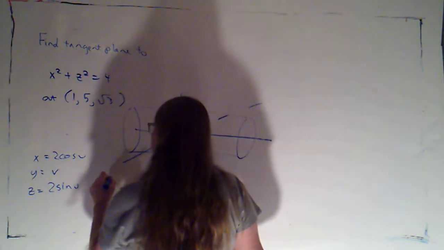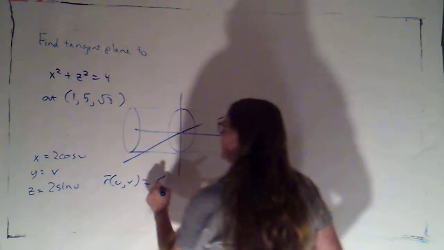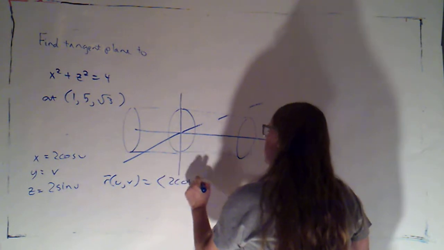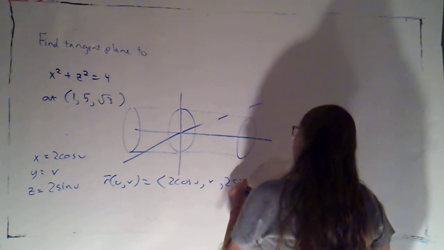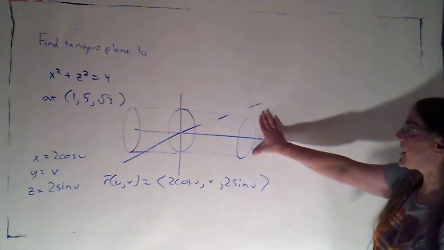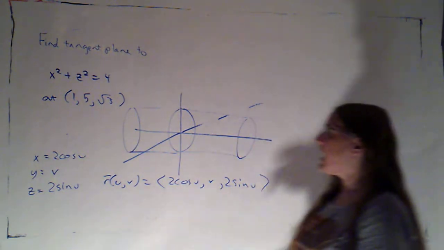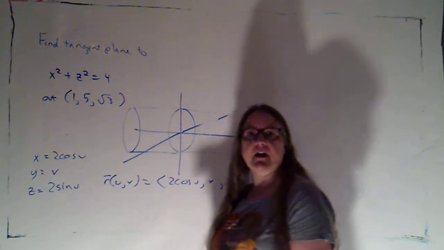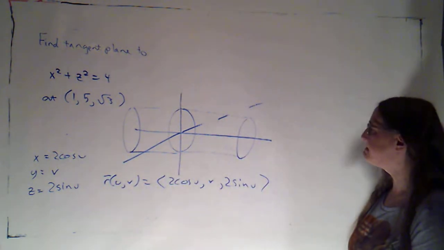So my parametrization is r of (u, v) equal to (2 cosine u, v, 2 sine u). And if I wanted to restrict this so that I just got this once, I could restrict u to only take on values between 0 and 2 pi.